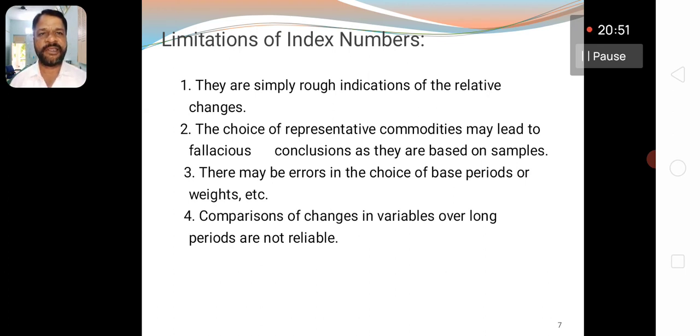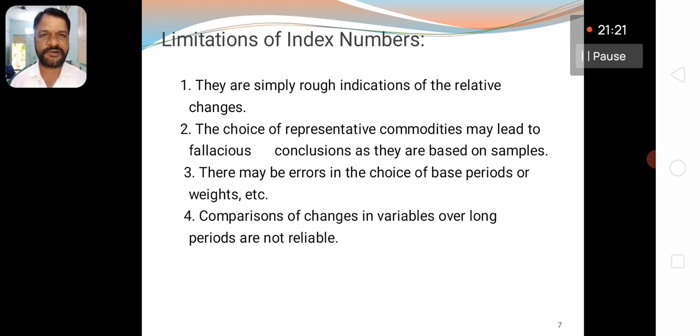And secondly, the choice of a representative commodity may lead to fallacious conclusions, as they are based on samples. The sample we have collected regarding the choice of quantities may not be correct, and may not be original. That is one of the limitations, and there may be error in the choice of base periods or weights selection.